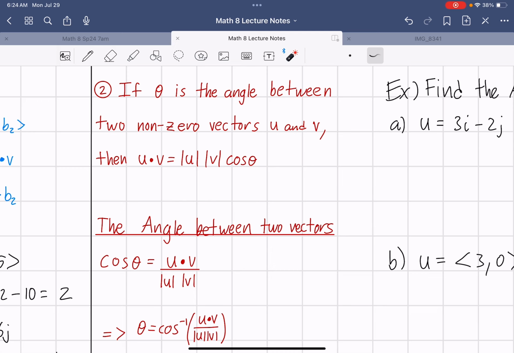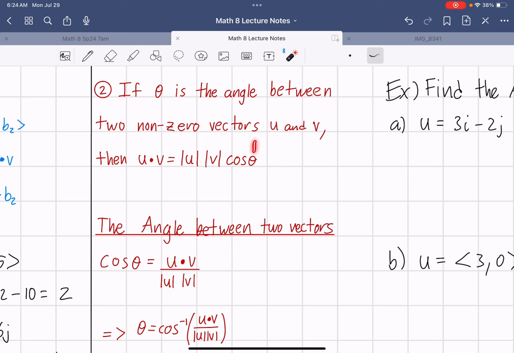So now, finding the dot product, this is the version that deals with the angle between the vectors. That's what this dot product does. But for me to directly find the angle between them, I have to isolate this theta.